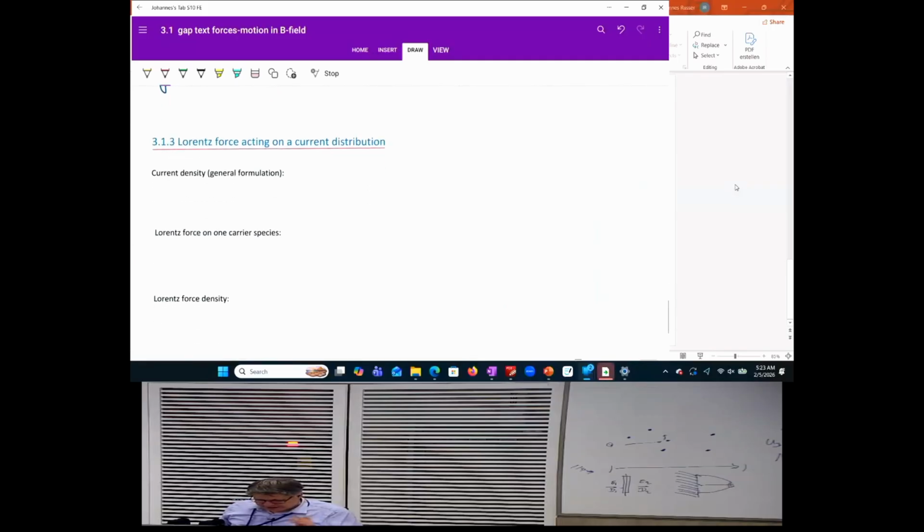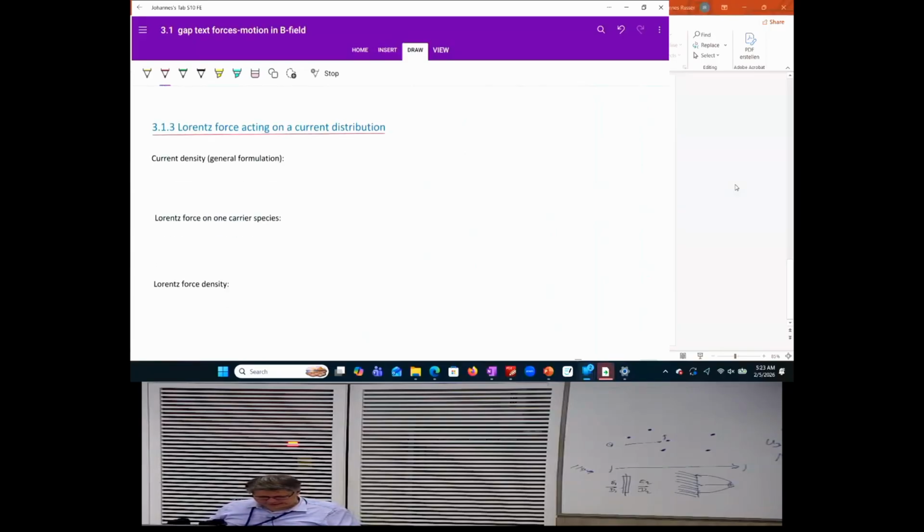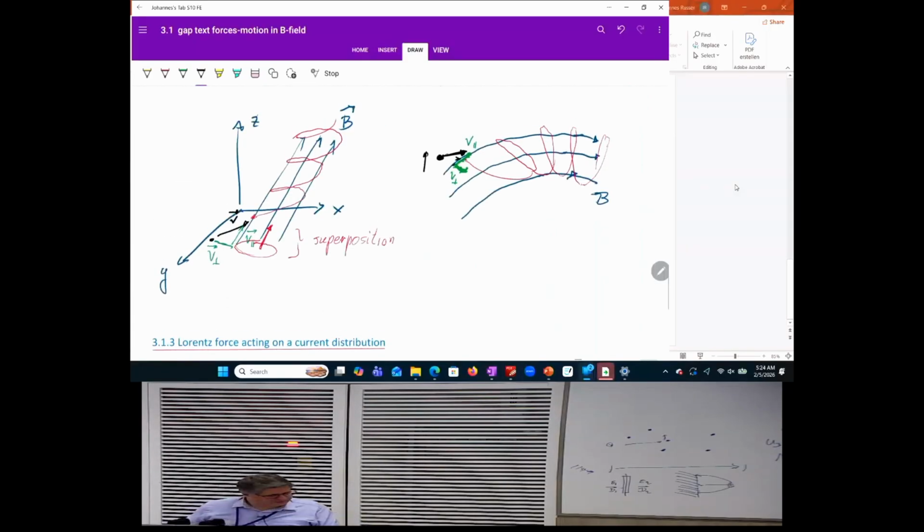space. So you can expand that also to the scenario where you have a current distribution, the Lorentz force. Are you comfortable with this helical motion from the concept here? The thing is, you have a Lorentz force acting on the charge, but only with respect to the velocity component perpendicular to the B field.